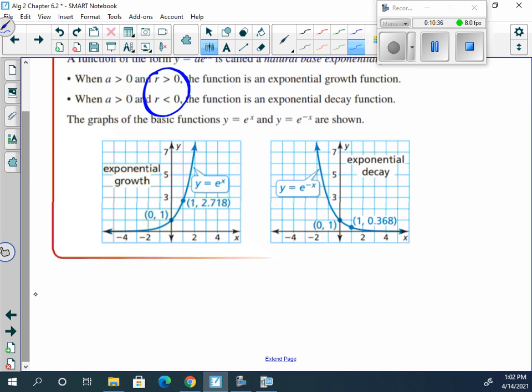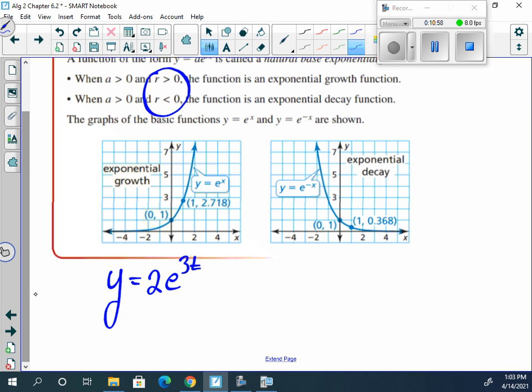So, y equals, let's just say a is 2, e, and give me an r value. It's positive, 3t.